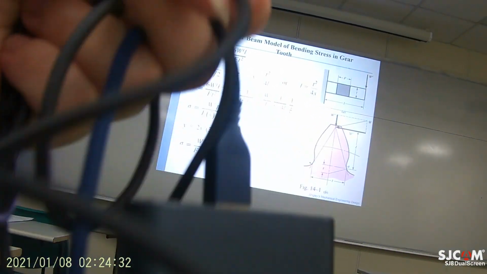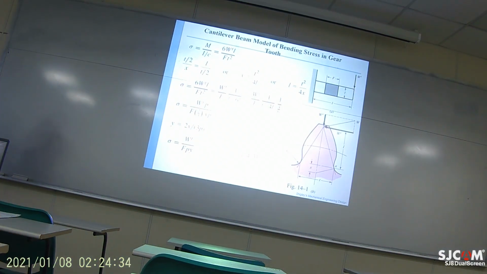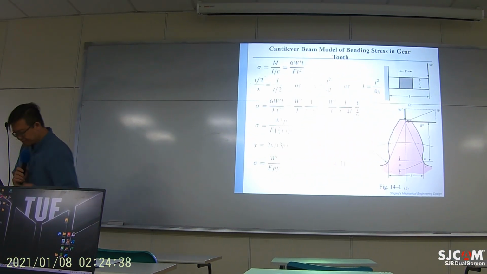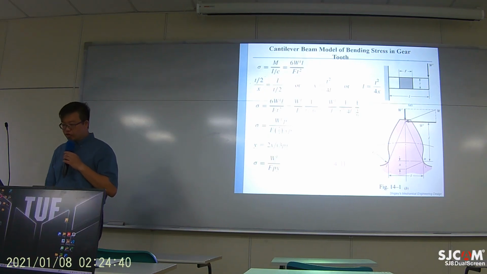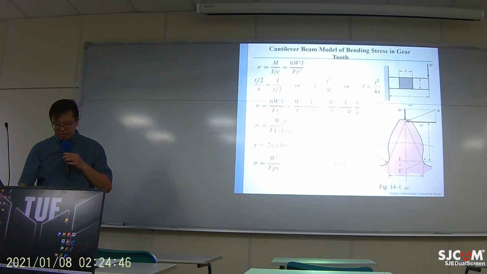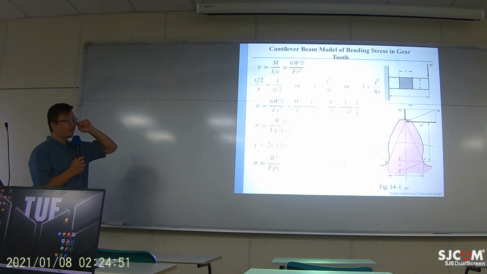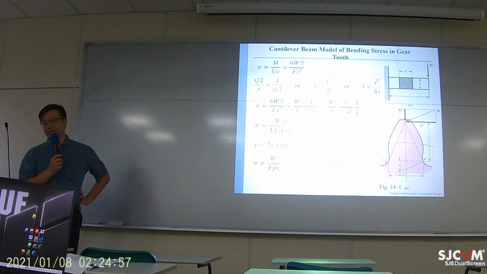From last time we learned about the forces between spur gears, and in this course we actually care about whether the tooth of the gear may fail, and what would be the failing condition of the gear tooth. That is bending.